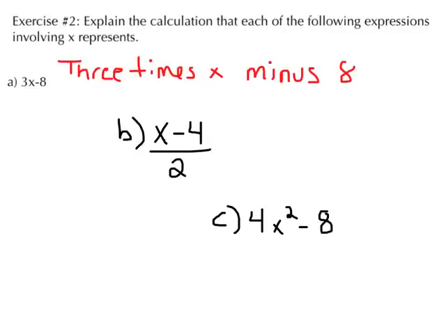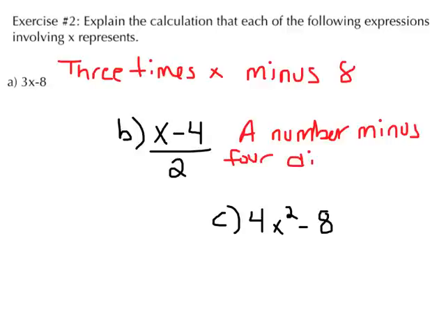B, I wrote a number minus 4 divided by 2. And C, 4 times a number squared minus 8.